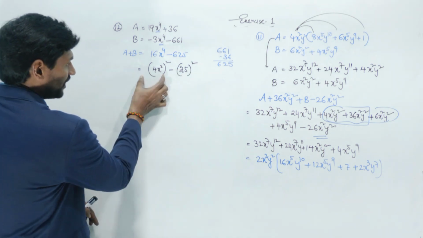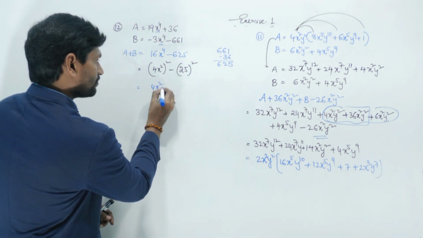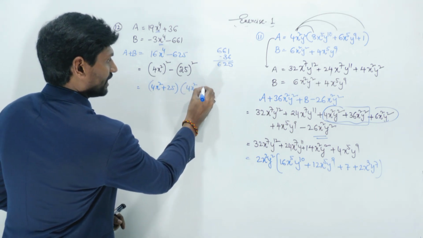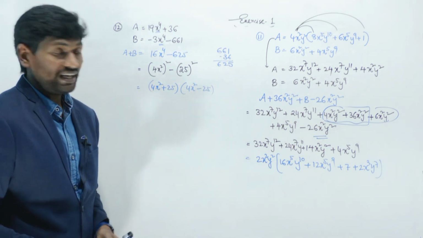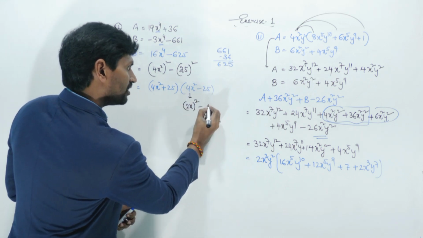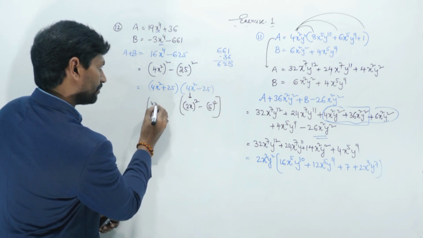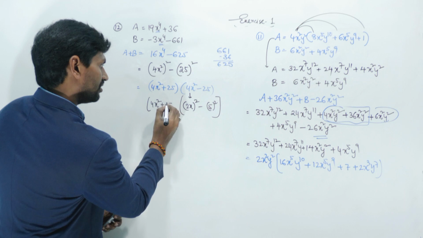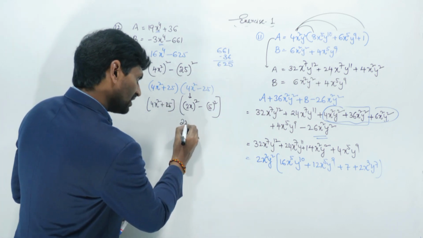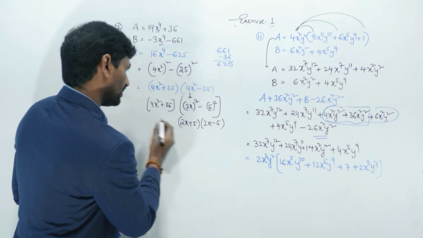Now it is in the form of a^2 minus b^2, nothing but (a + b)(a - b). Again, this one we can write as (2x)^2, and 25 we can write as 5^2. The first one we cannot factor because a plus symbol is there. The minus symbol means we can apply the a^2 minus b^2 formula again, then (a + b)(a - b).